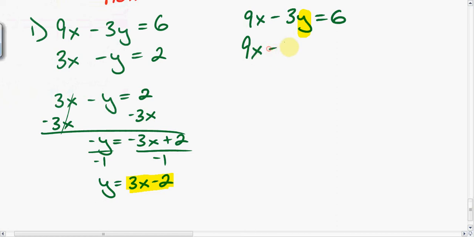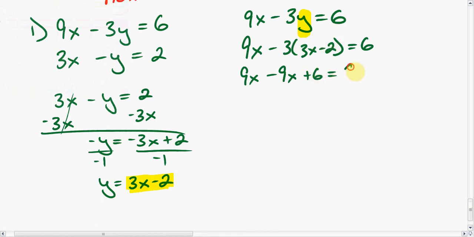So I've got 9x minus 3, and instead of y, I'm going to write 3x minus 2 equals 6. Simplify, so I've got 9x, distribute in the negative 3, so I've got minus 9x, distribute in the negative 3, and I have positive 6.